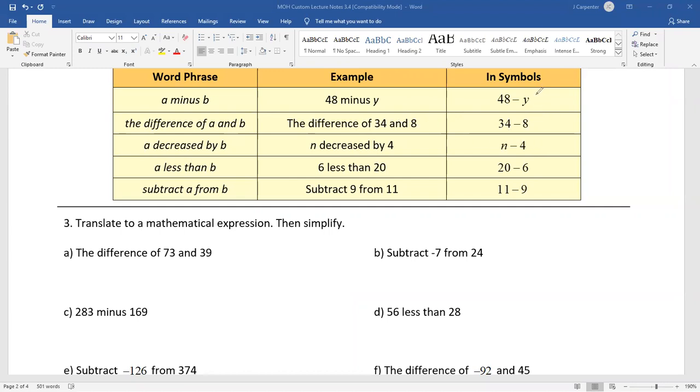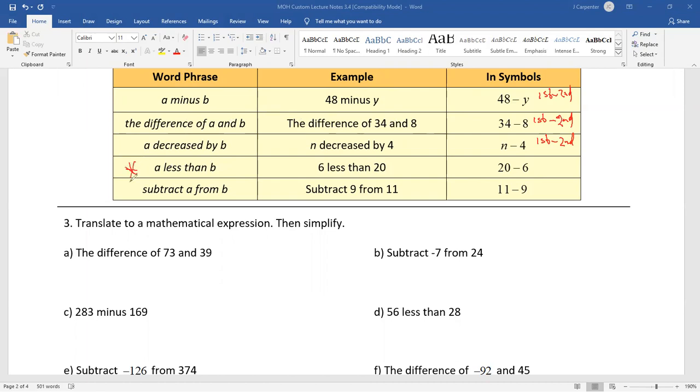So all of these are the first thing minus the second. Let me change my color. So this is the first minus the second, first minus the second, first minus the second. So the phrase is minus, difference of, decreased by, that's the first minus the second.